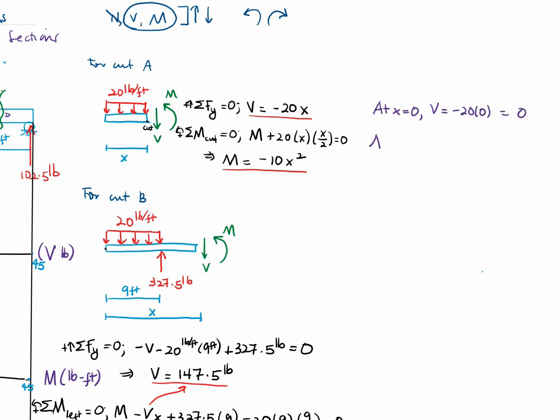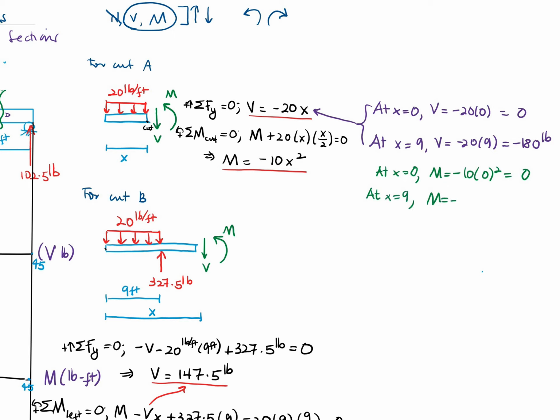And at the other extreme, at x equals 9, V equals negative 20 times 9, and that gives me negative 180 pounds. At x equals 9, M equals negative 10 times 9 squared, and that gives me negative 810 pound-feet. Okay, so those are the two extremes that describe shear and moment.